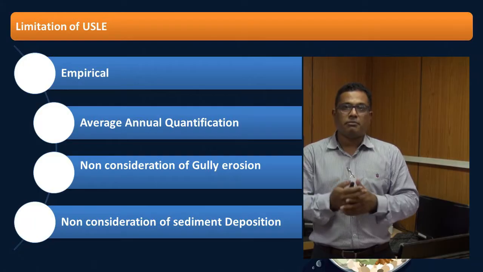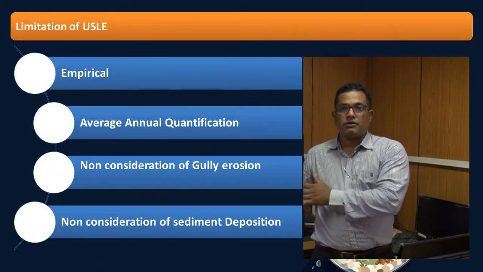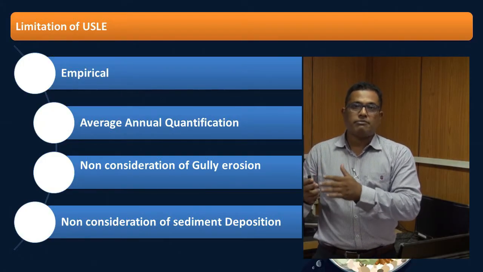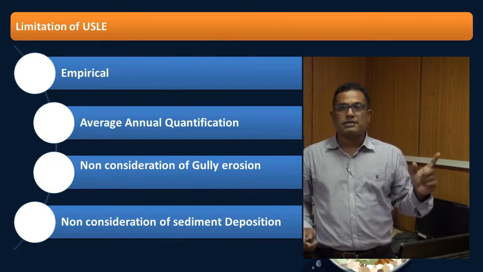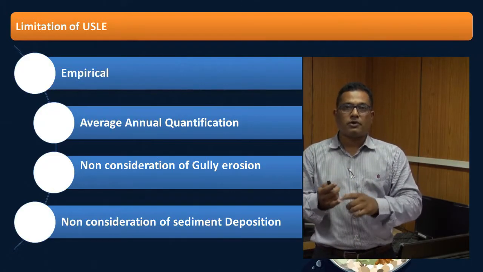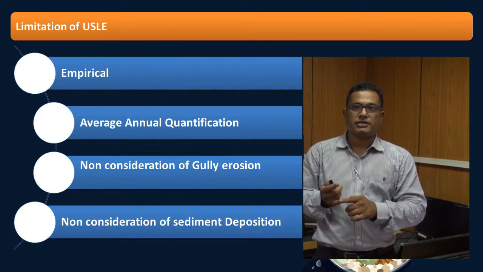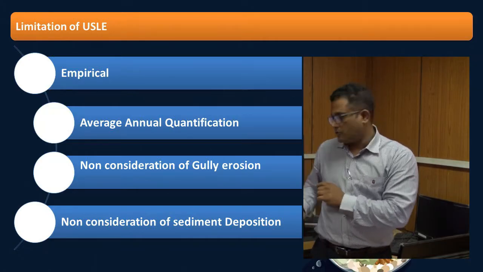We have studied in previous classes that gully erosion is one of the major forms of soil erosion where a large amount of erosion takes place. But here we have considered only agricultural land where mostly raindrop erosion, rill erosion and sheet erosion take place. Gully erosion is not considered in this universal soil loss equation.